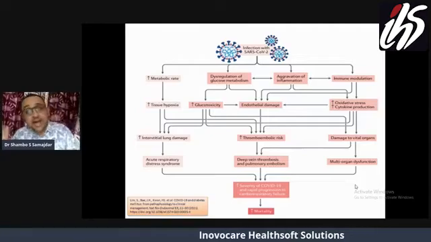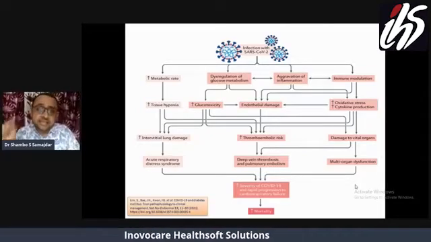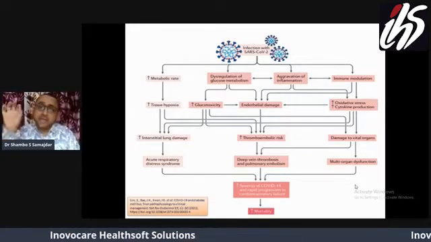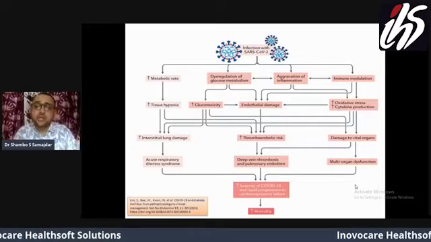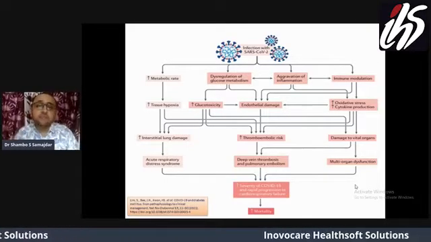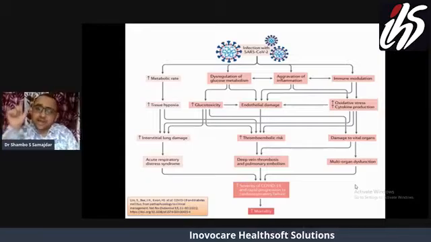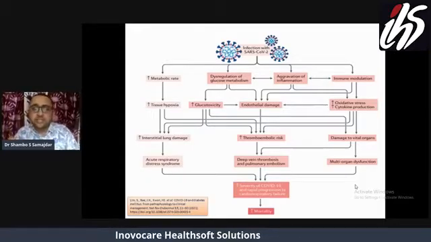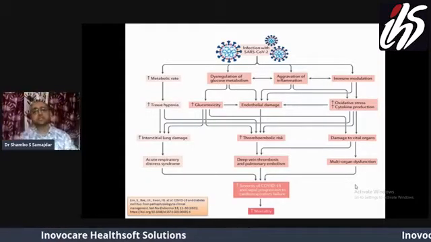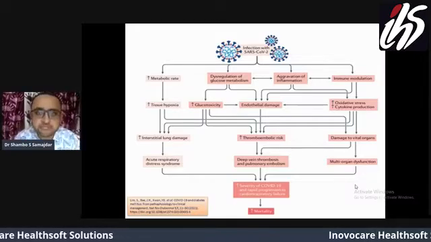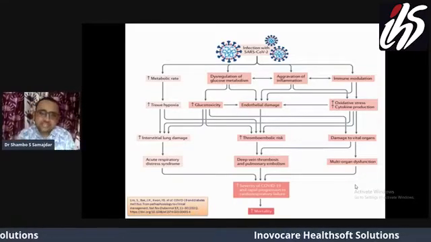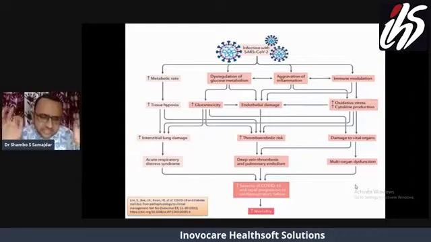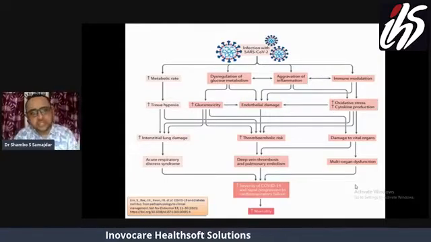Apart from that, I is very important, and it has been seen that COVID-19, the SARS-CoV-2 infection, also affects the beta cell of the pancreas, because in the beta cell of the pancreas there is ACE2 receptor, and by that they decrease the insulin secretion.